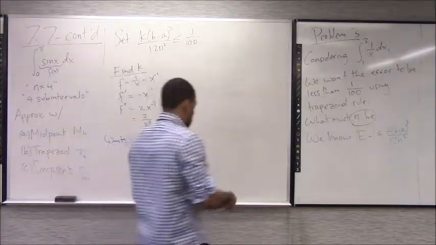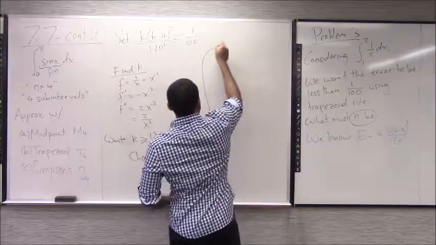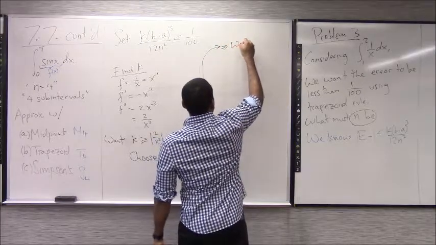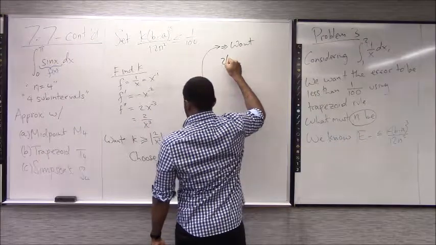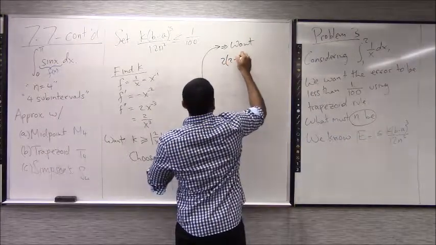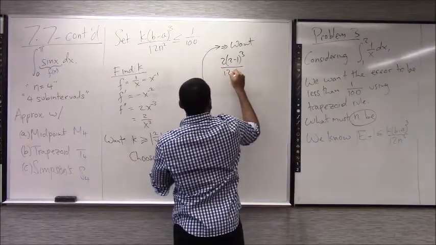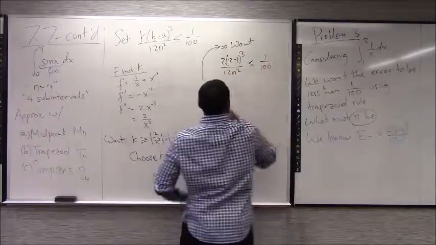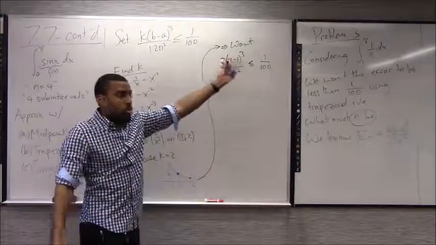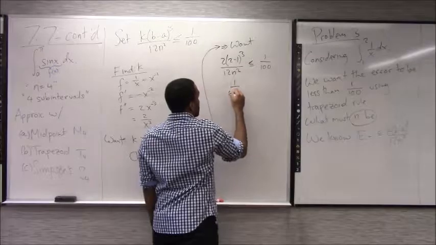So now this implies we want 2 times (2 minus 1) cubed, because that's the right endpoint minus the left endpoint, over 12n squared to be less than 1/100. 2 minus 1 is just 1, so this is basically 1/6n squared.